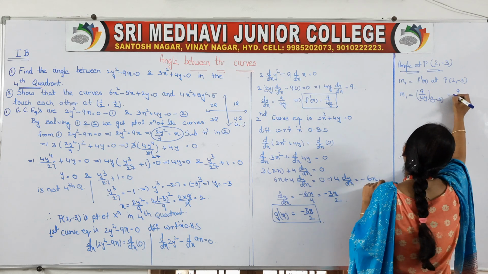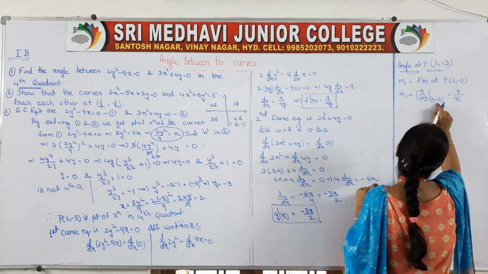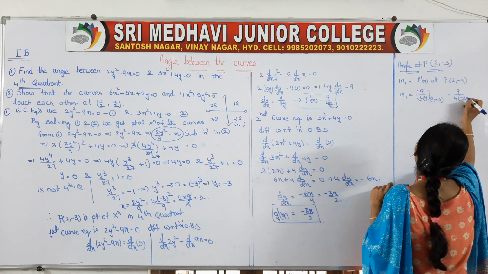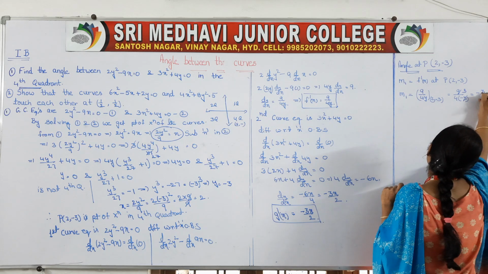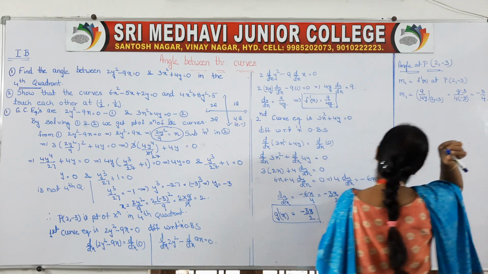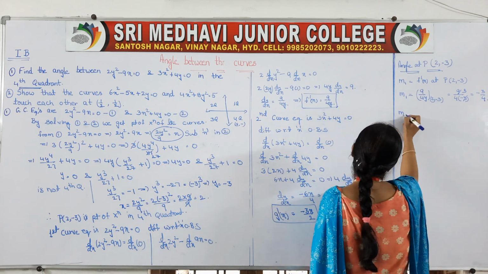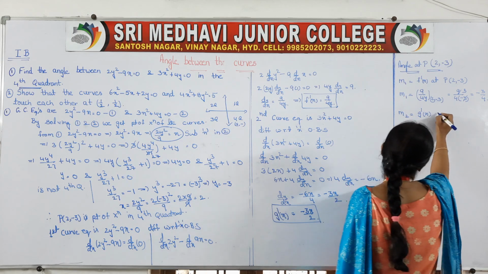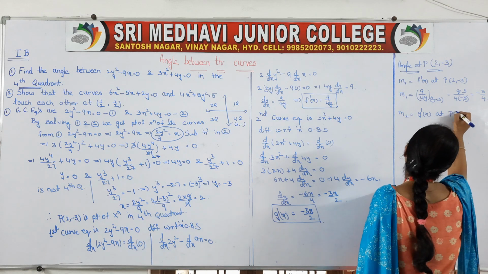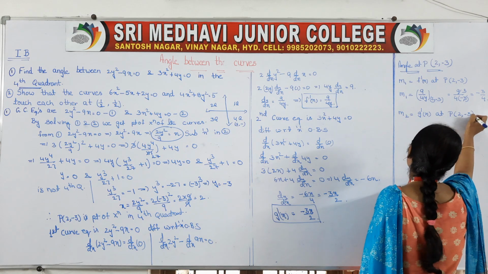So it is 9 by 4 into y is minus 3. So 3 ones are 3, 3 3s are 9, so it is minus 3 by 4. Similarly, you take M2. M2 is equal to g dash x at the point P 2 comma minus 3.